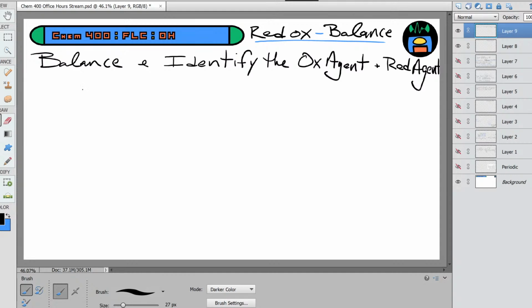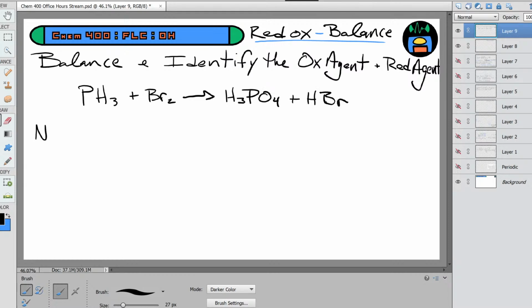For the following unbalanced redox reaction. And quick note, this redox reaction occurs under acidic conditions.